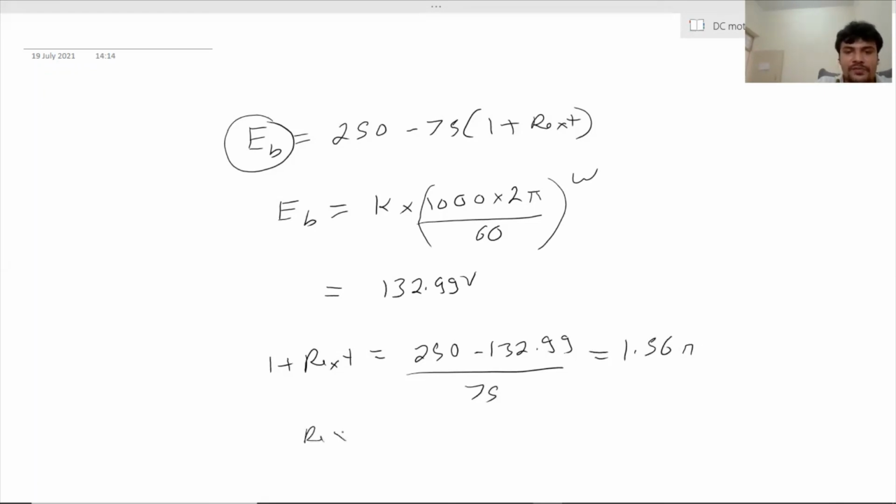So R external will be 0.56 ohm. So this was a good question. Means if the university paper is framed in the toughest manner, then you will find this type of question. So this is the maximum level at which we can talk in first year syllabus.